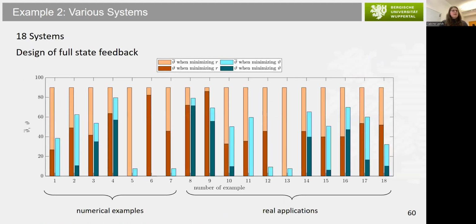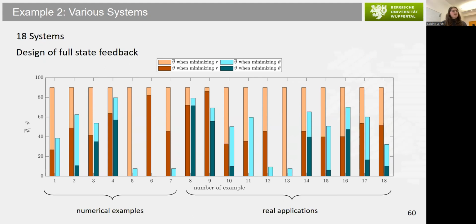In the second example, I want to compare the two optimization tasks on 18 different systems. Hereby, we designed full state feedback controllers, and the systems are numerical examples and real applications. In red, you see the results when we minimize the upper bound of the spectral radius, and in the blue bars, you see the results when we minimize the damping angle.